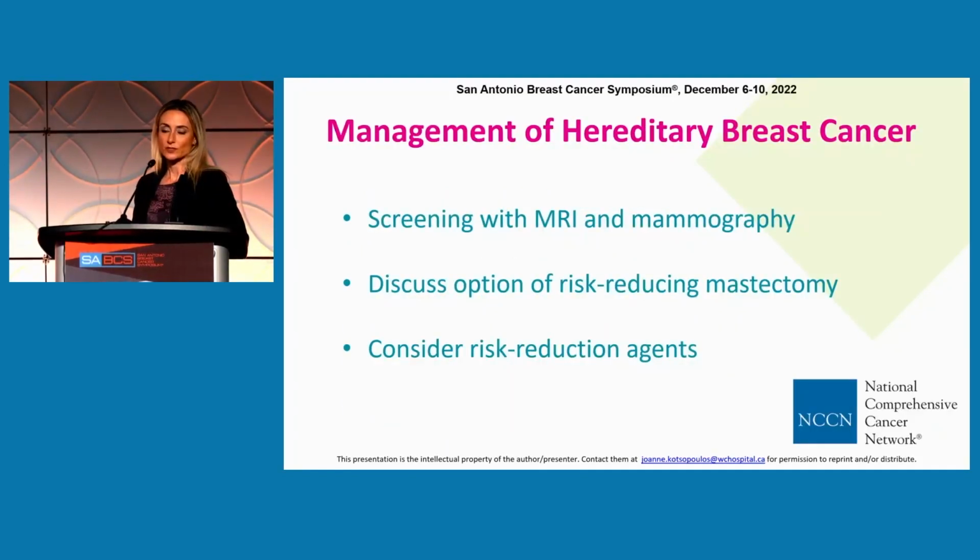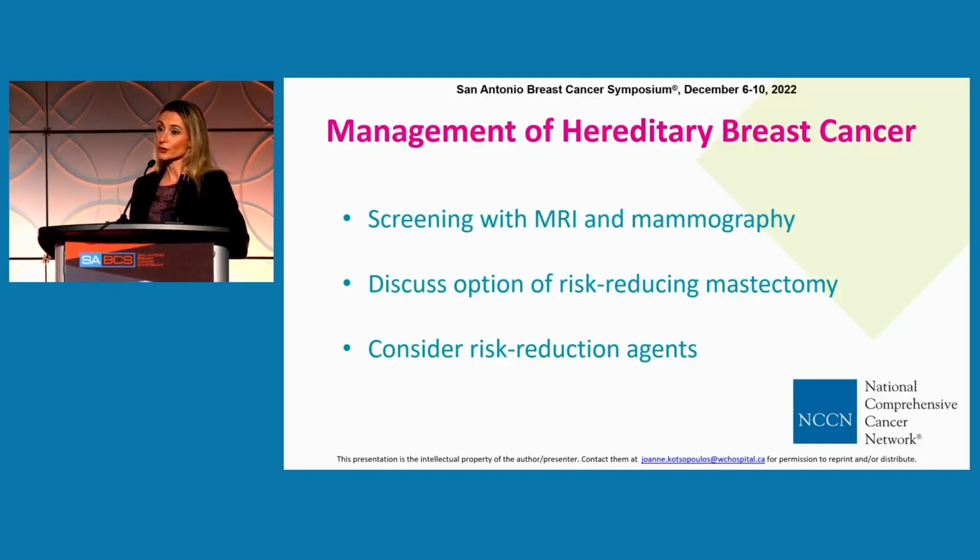I think most of the audience knows the management of hereditary breast cancer, specifically BRCA mutation carriers, and here is a snapshot of the NCCN guidelines. We've heard a lot just now about the importance of enhanced imaging with MRI and mammography.